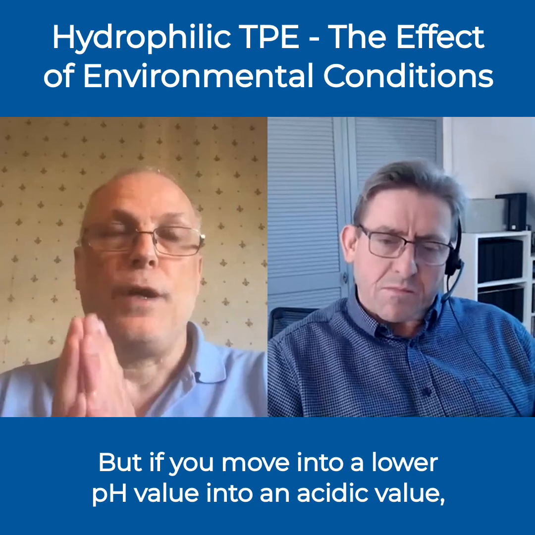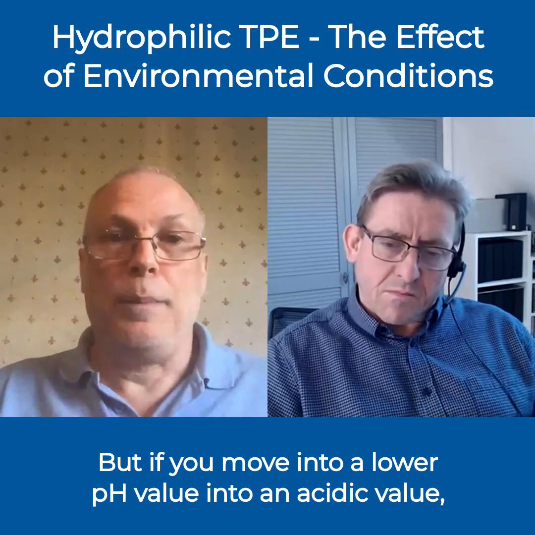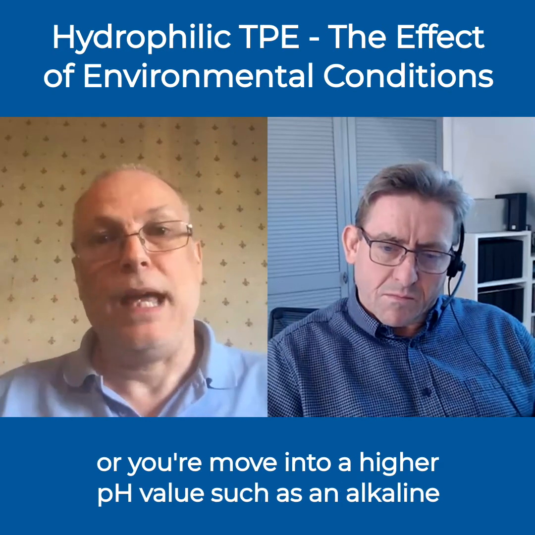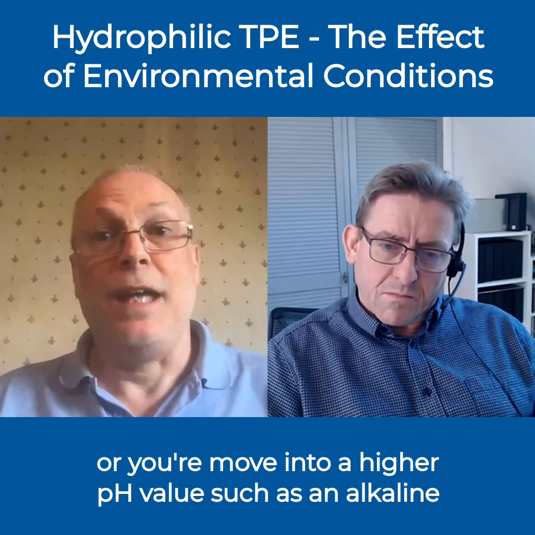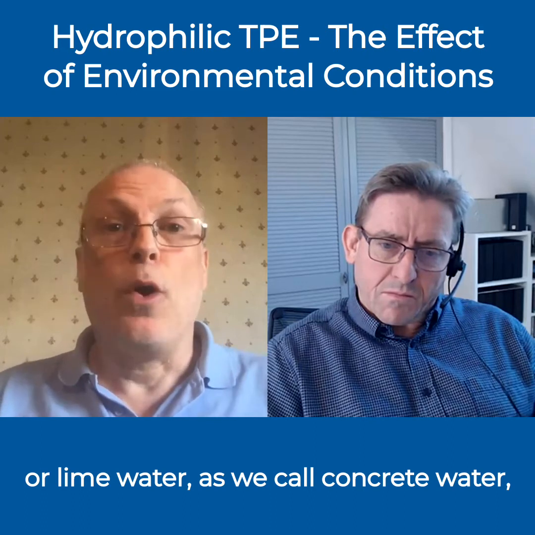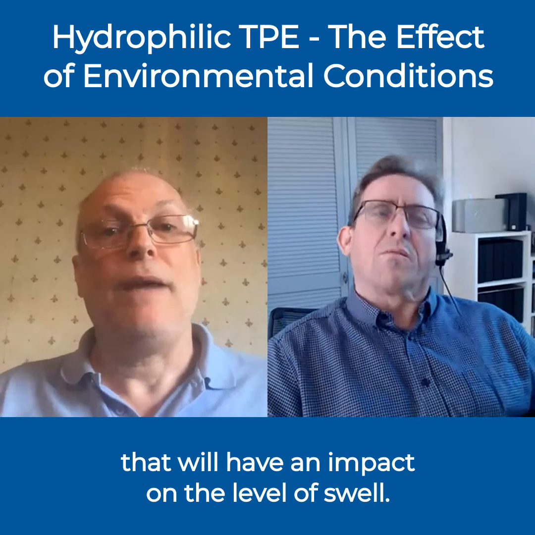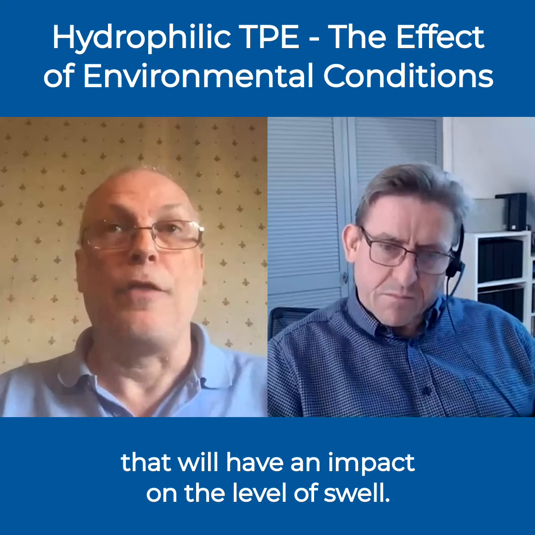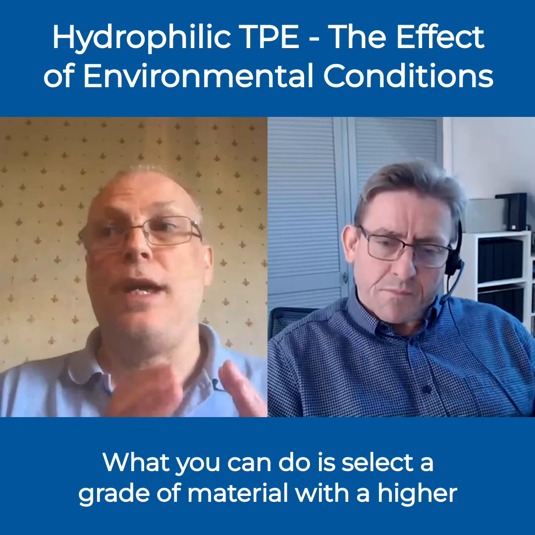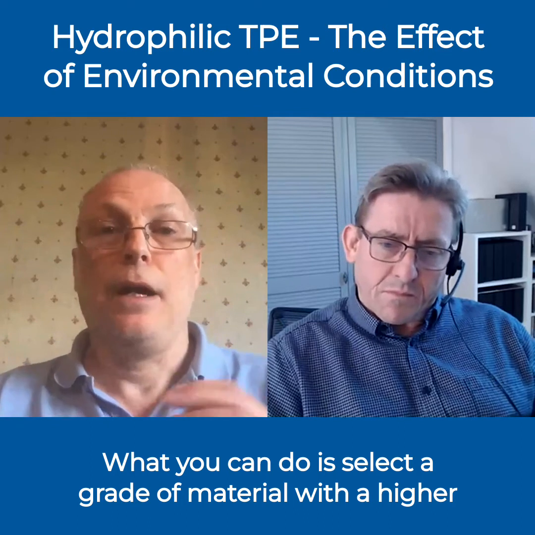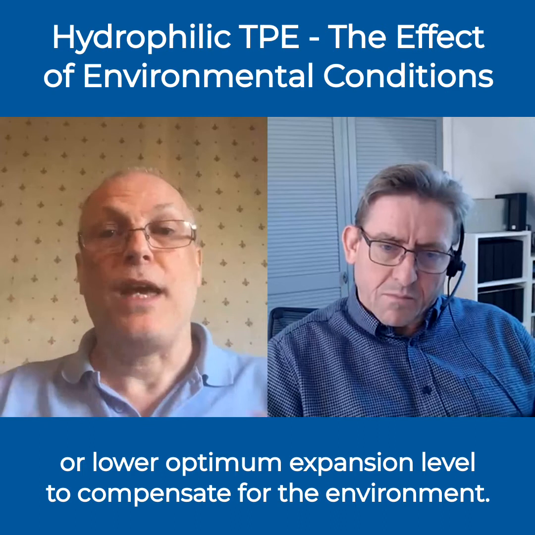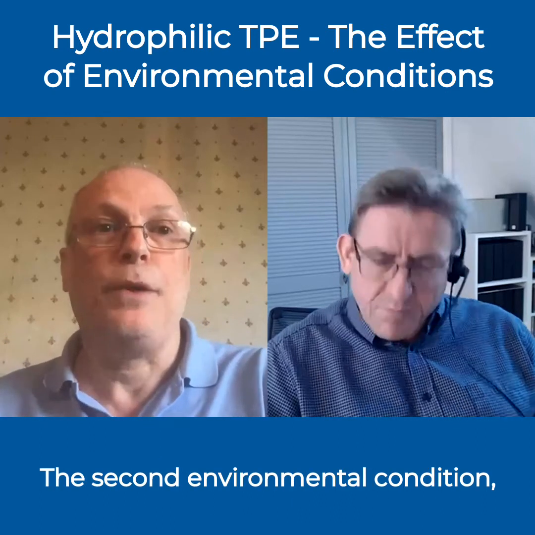But if you move into a lower pH value, into an acidic value, or you move into a higher pH value, such as an alkaline, or lime water, as we call concrete water, that will have an impact on the level of swell. What you can do is select a grade of material with a higher or lower optimum expansion level to compensate for the environments that it is put in.